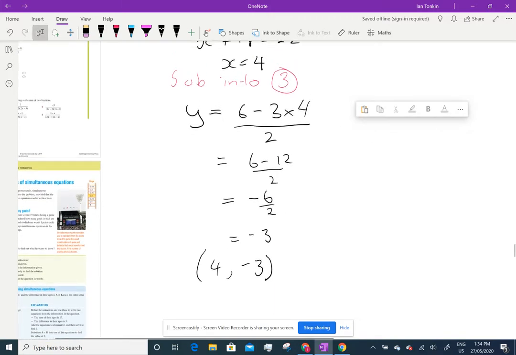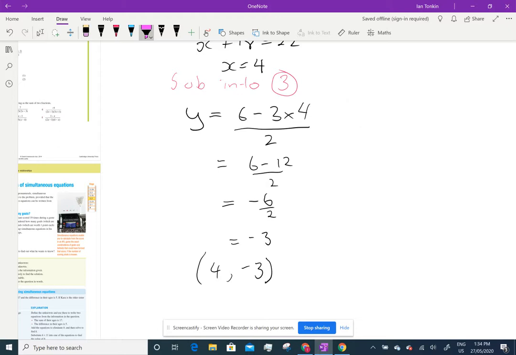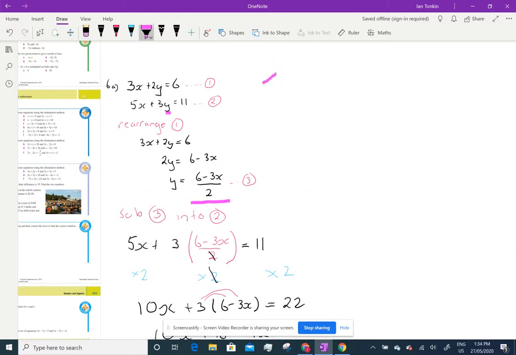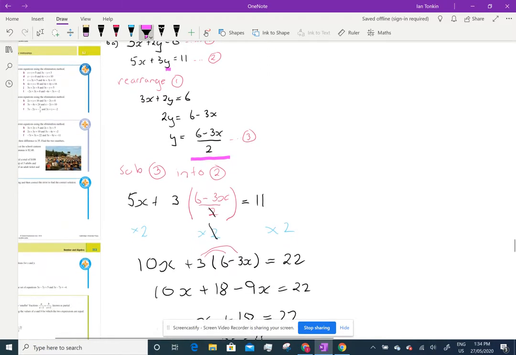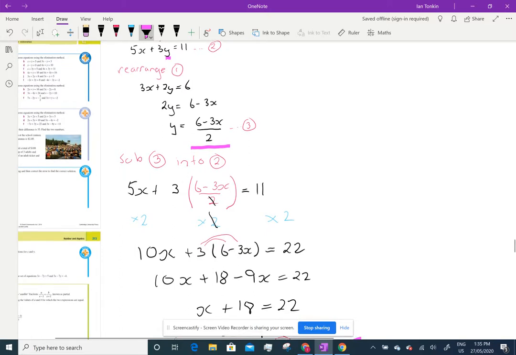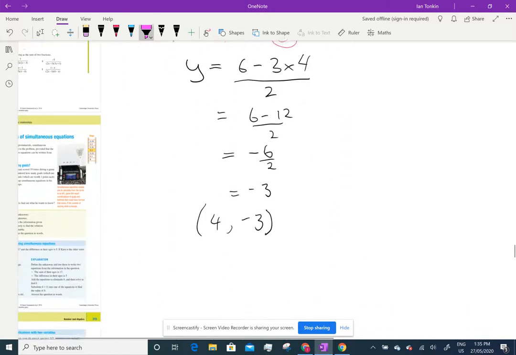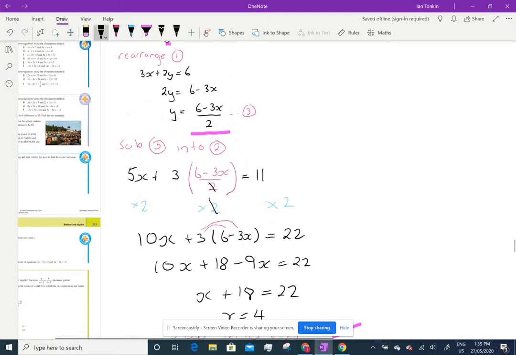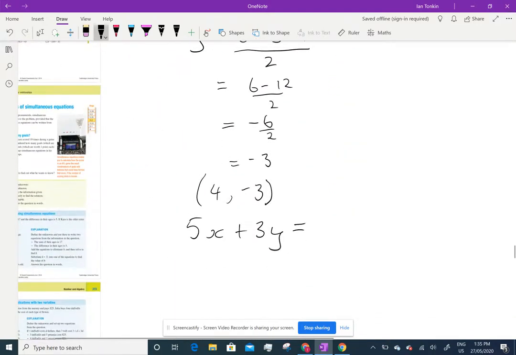Now, I can't sub it into 3 because that's where I got it from. But I also can't sub it into 1 because 3 is just a version of equation number 1. So for me to check properly, I have to substitute it into equation number 2. So 5x plus 3y equals 11.